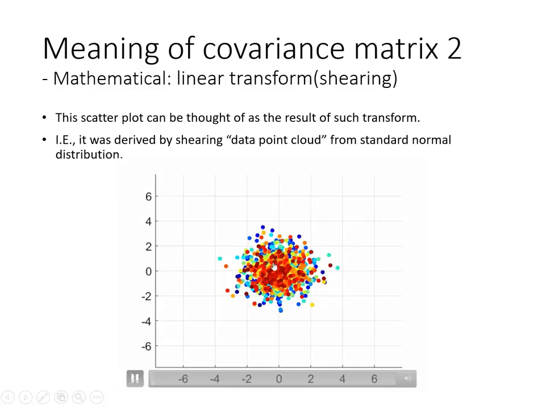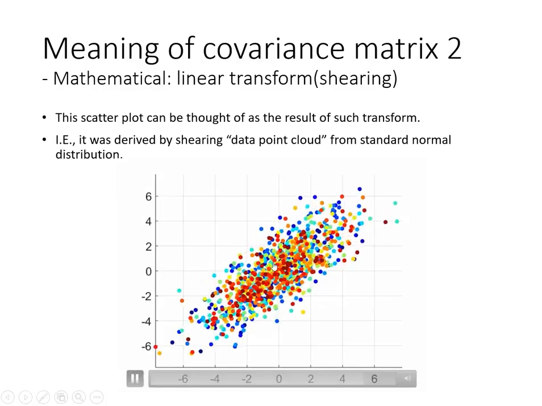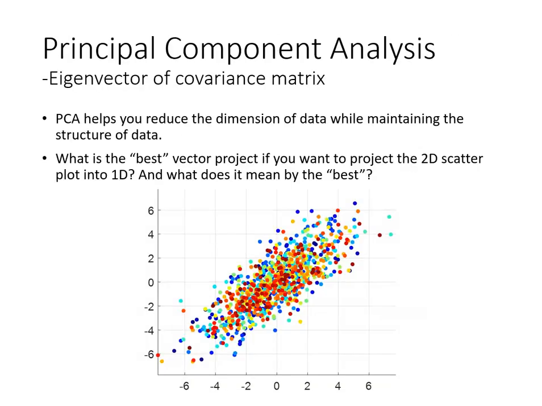So you see that it was derived by transforming the original data by a shearing transform like this. So that was it for the mathematical meaning. And if you want to see more about it, you can find videos on matrices as linear transforms on YouTube.